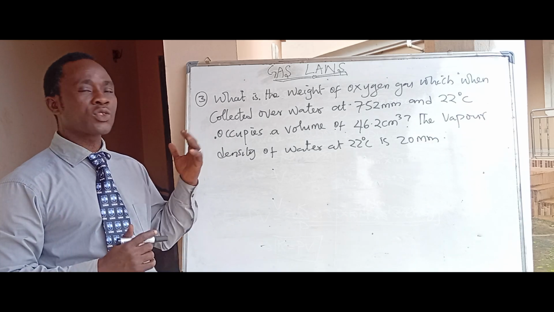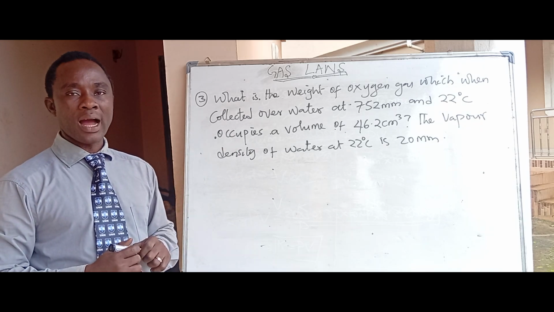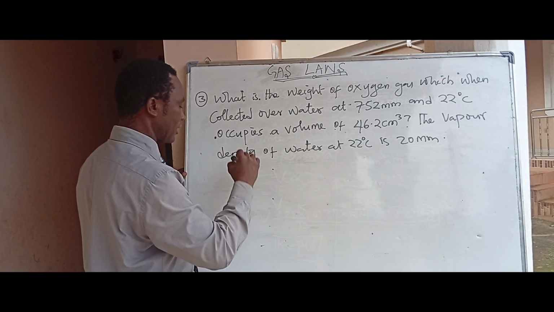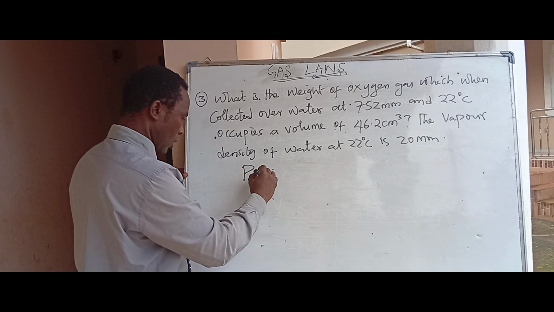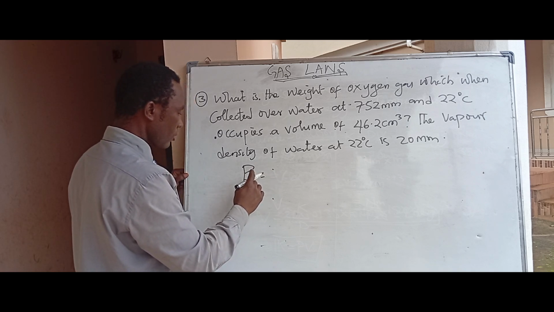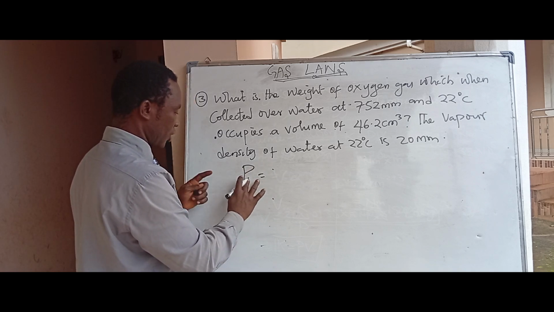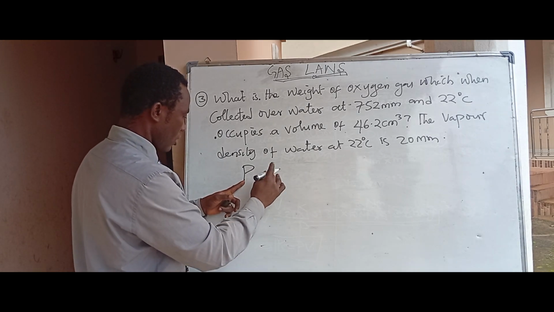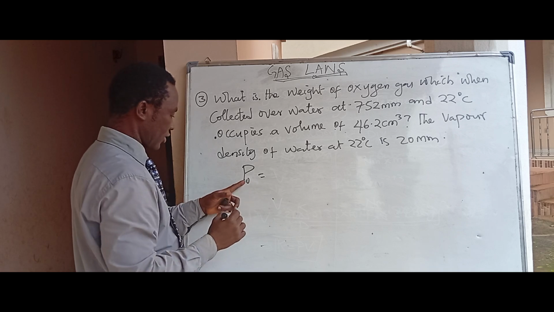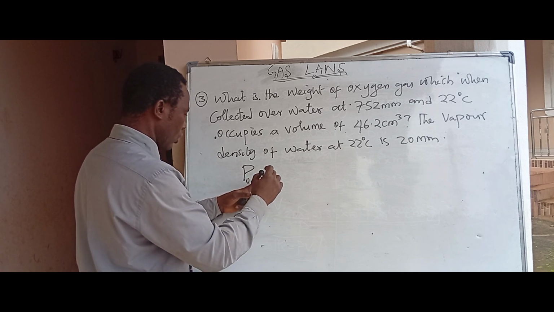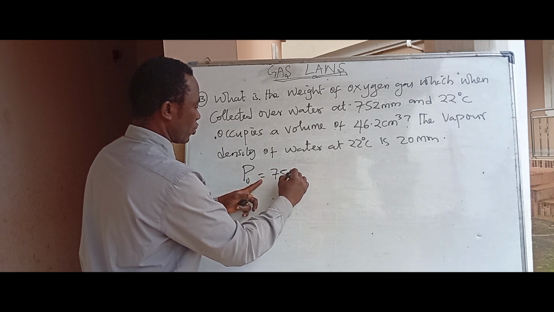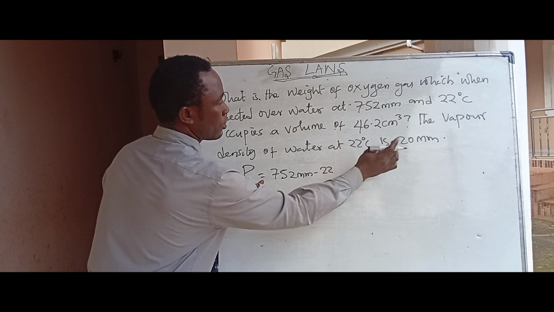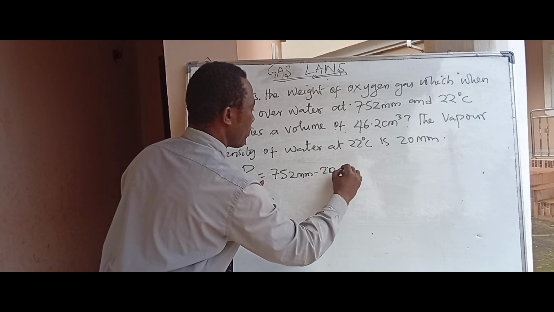Now, that is to say that this oxygen gas is collected over water, and we know that the pressure of a gas collected over water is 752 millimeters minus 20 millimeters.